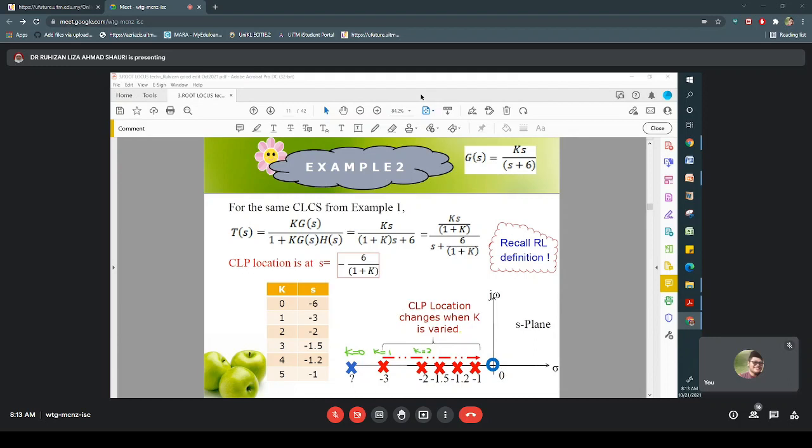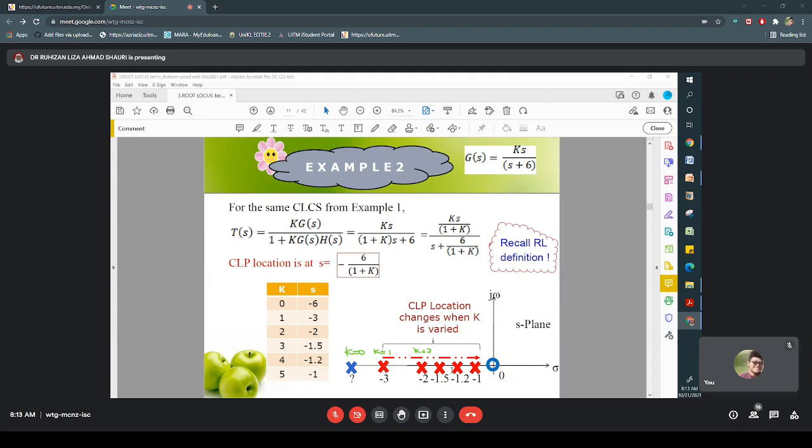All right. From this example, you can see that when you use K equals 0 and put it inside the calculation of your closed loop poles, you get all these answers. For K equals 0, you have your closed loop pole there. The next is K equals 1 there. The next is there, and so on.